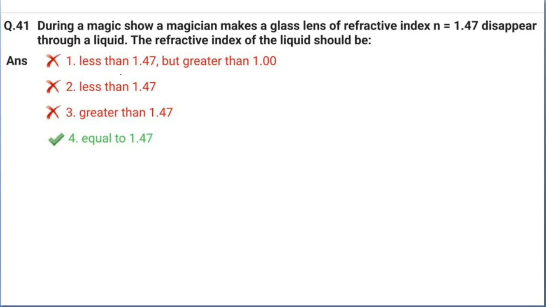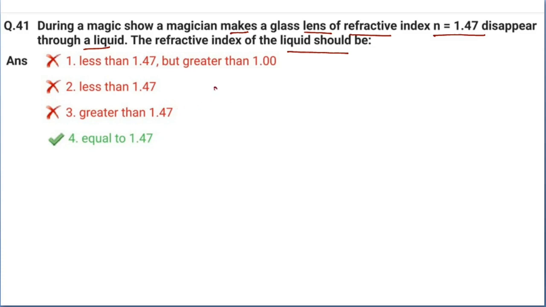During a magic show, a magician makes a glass lens of refractive index n equal to 1.47 disappear through a liquid. The refractive index of the liquid should be. So, according to the question, we have to calculate the refractive index of the liquid.